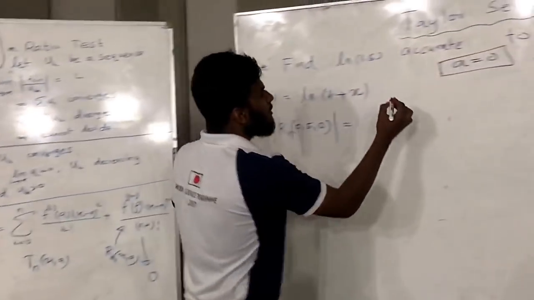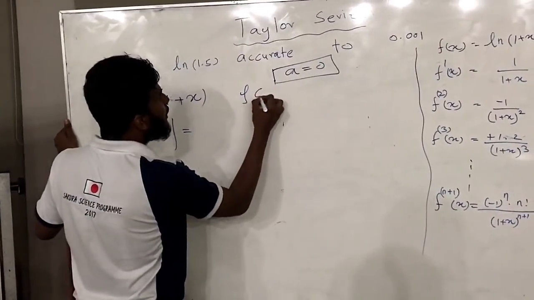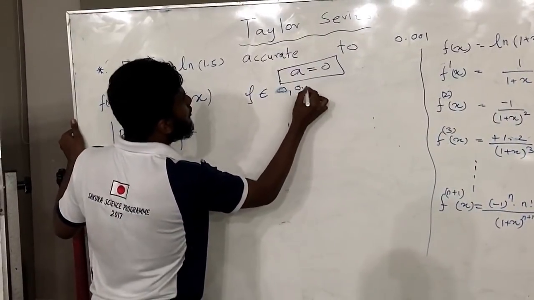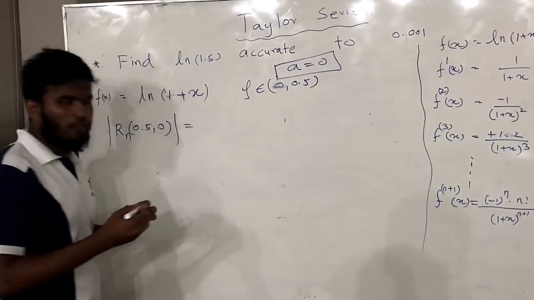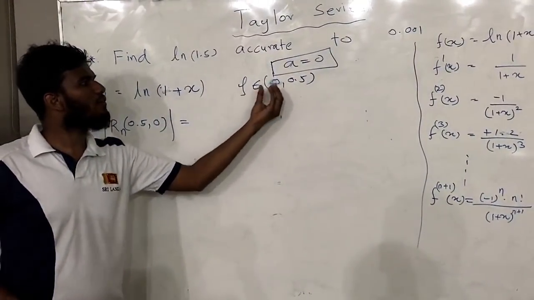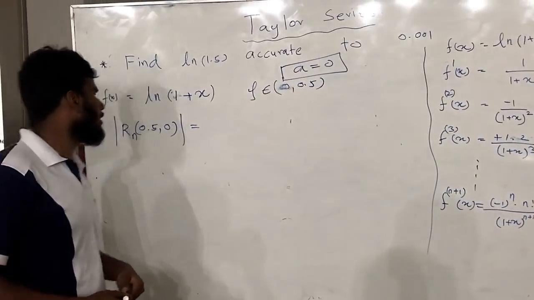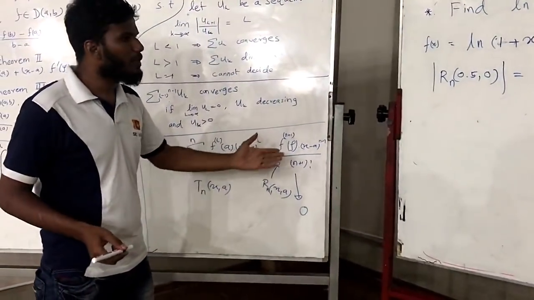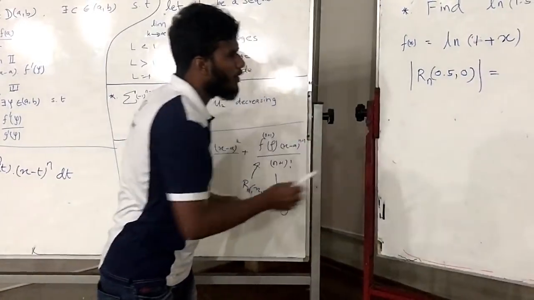Zeta is something in between a and b, that is between 0 and 0.5. We will be using this fact actually. So there is a zeta which gives us the remainder f^(n+1)(zeta).